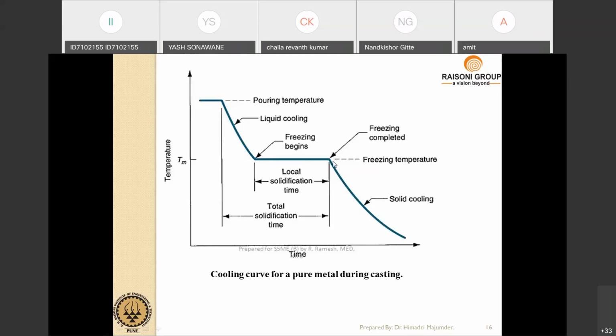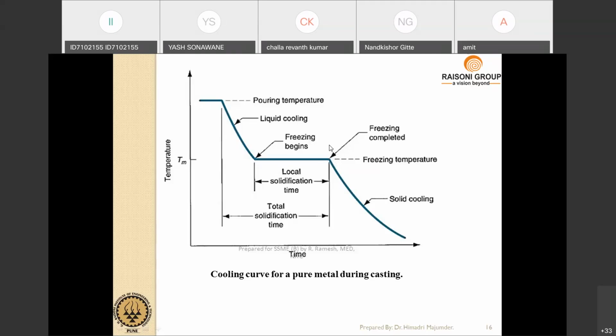So freezing is completed. This is the total solidification time. From the time when we pour the material, solidification actually started, but actual solidification starts at this point, the freezing point. The total time from pouring the material to freezing completed can be called the total solidification time.